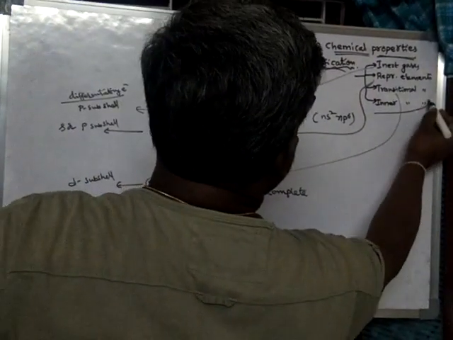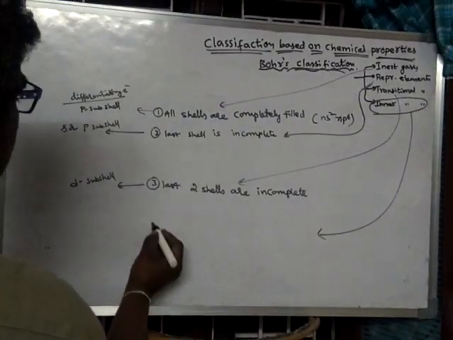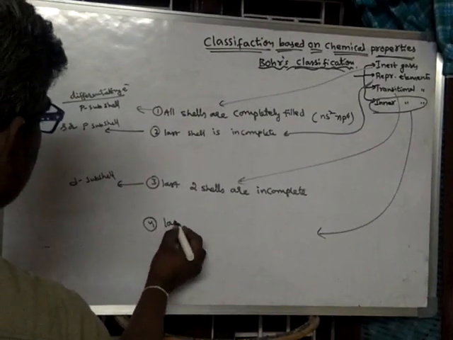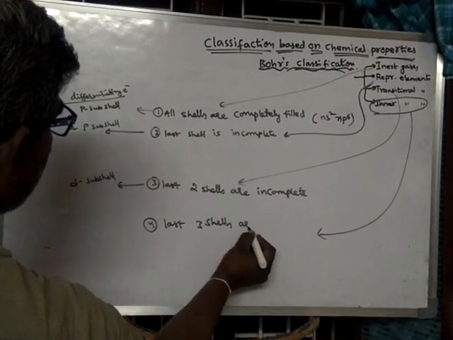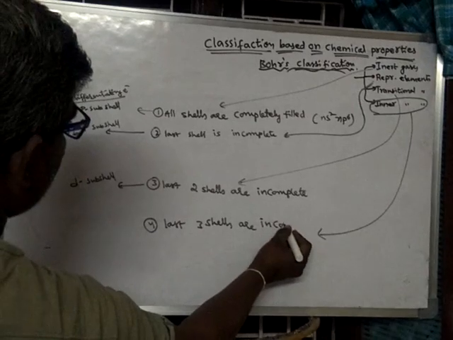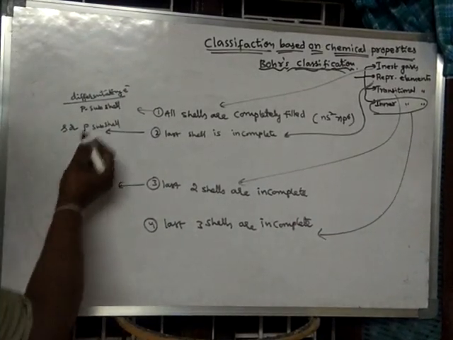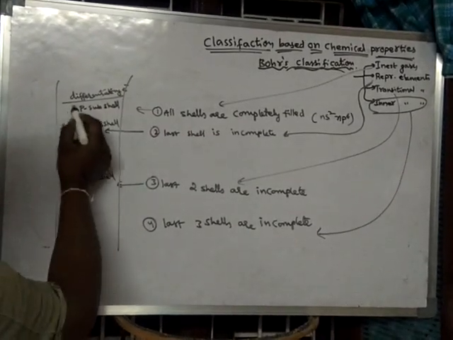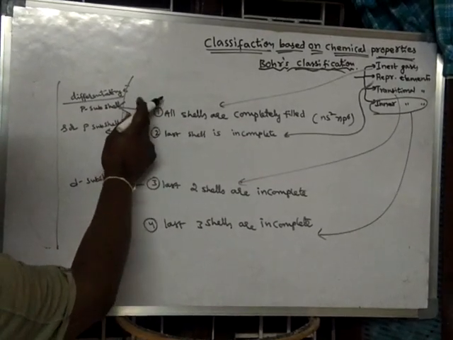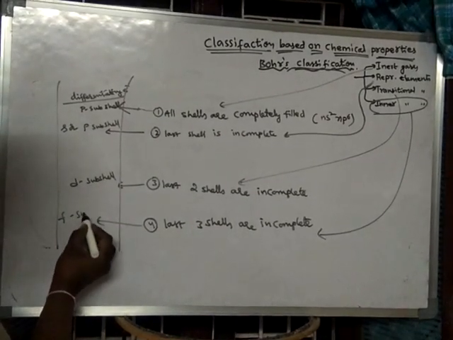And in inner transitional elements, the last three shells are incomplete, and the differentiating electron is present in the f subshell.